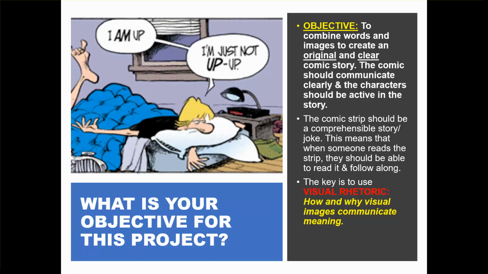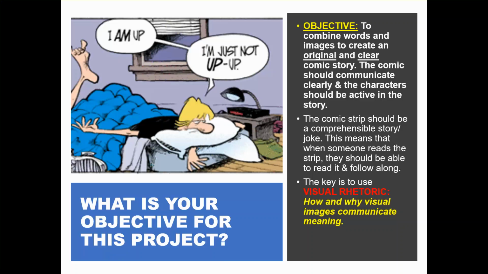So how and why your character will communicate meaning. We do that through the actual design of your character, so the shapes we use, but also the body language. So when your character moves, what it's communicating, but also the facial expression. So when your character moves their face, how and why it communicates. And that's really what we're going to focus on.